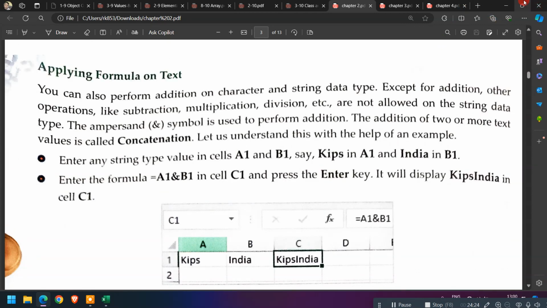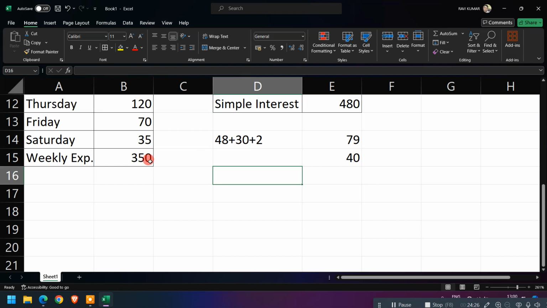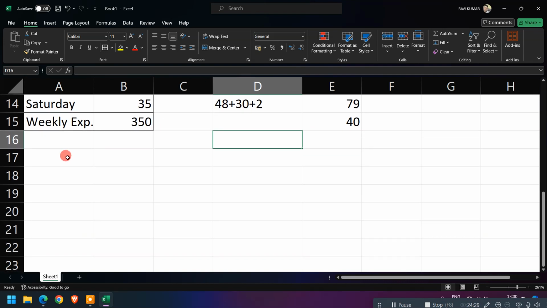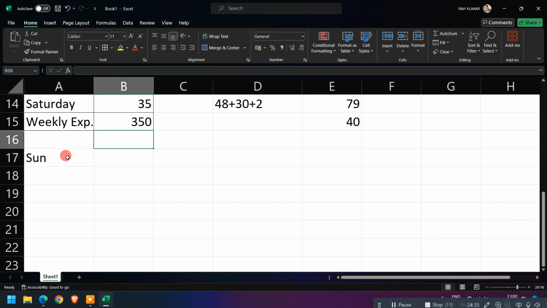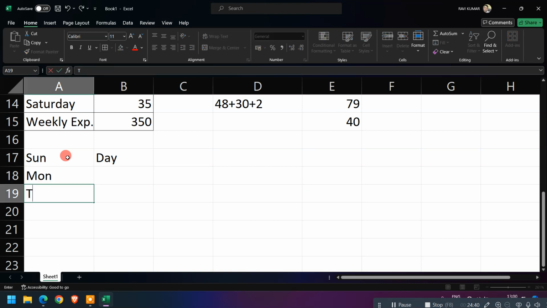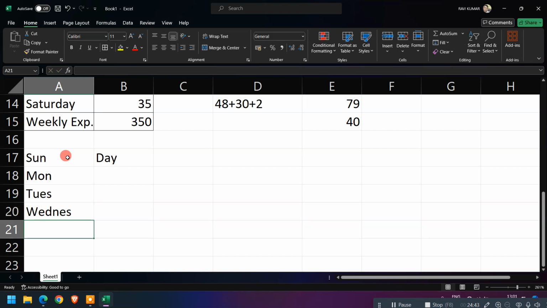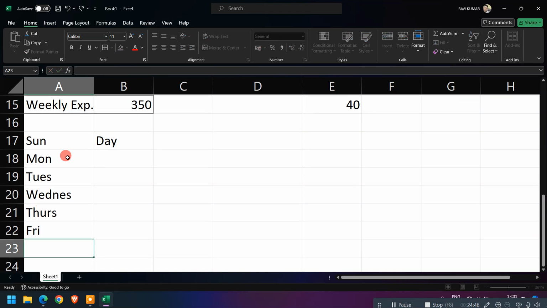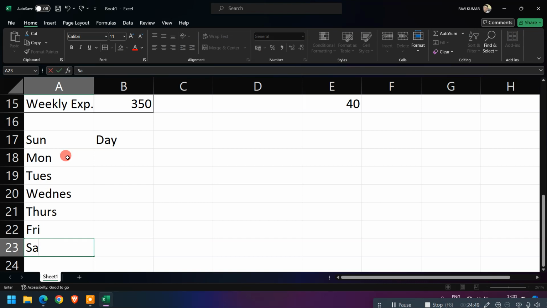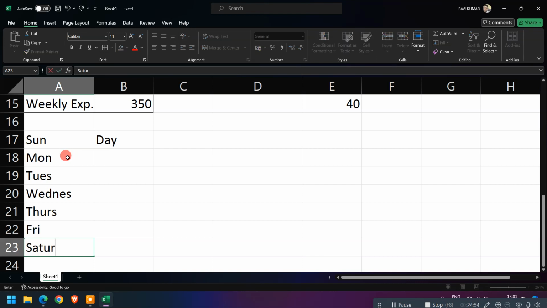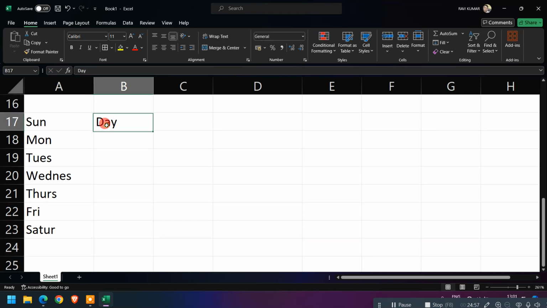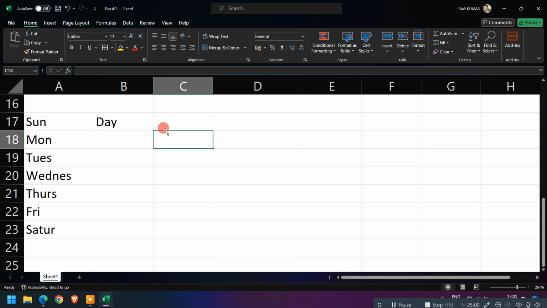Applying formula on text. So how can we apply formula on text? Here I am writing Sun, and here I am writing Day. I want to display Sun plus Day, Sunday.